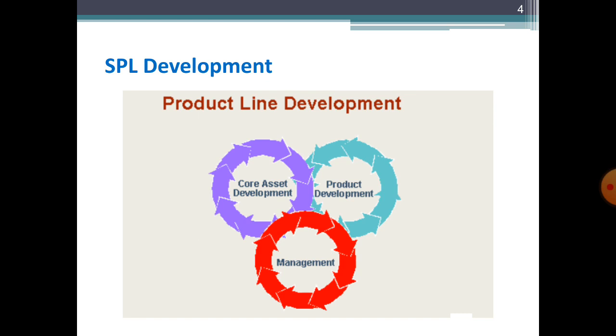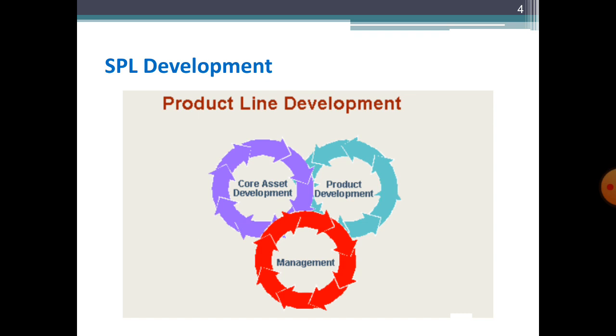So the first stage was core asset development. After the development of core assets, the next phase is product development, which involves the creation of products or systems from the core assets of the product line.